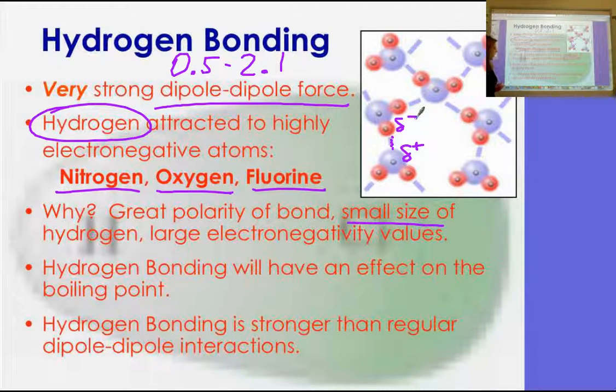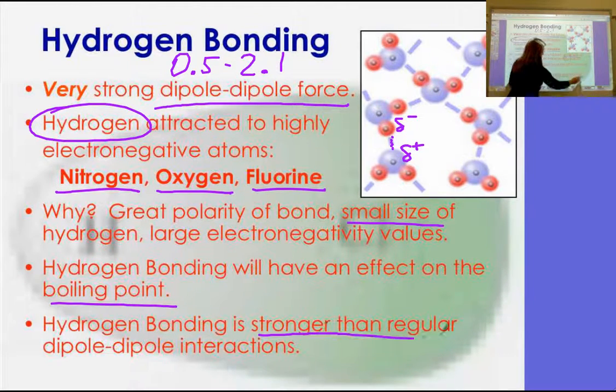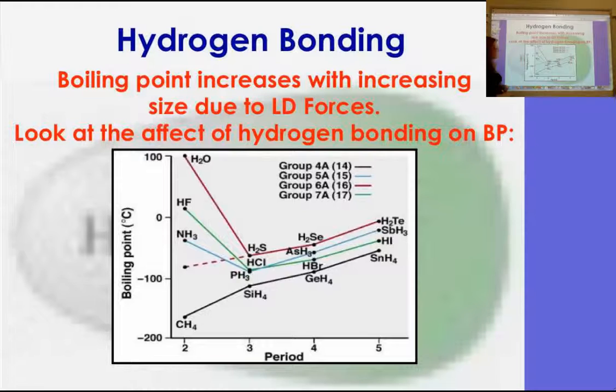So hydrogen bonding will have an effect on the boiling point. These boiling points will be even higher than something with a regular dipole-dipole force because it's stronger than the regular dipole-dipole force. Looking at this chart, you can see H2O's boiling point is 100 degrees. Compare that to H2S, H2Se, H2Te, they're all much lower.